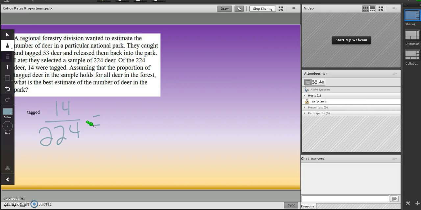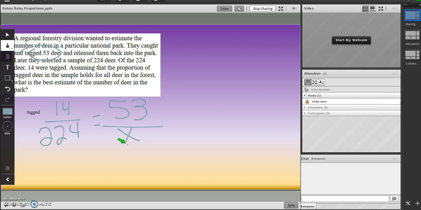Assuming the proportion of the tagged deer in the sample holds for all the forest, what's the best estimate of the number of deer in the park? So this is 53 because they caught and tagged 53, and we're just trying to figure out the total.